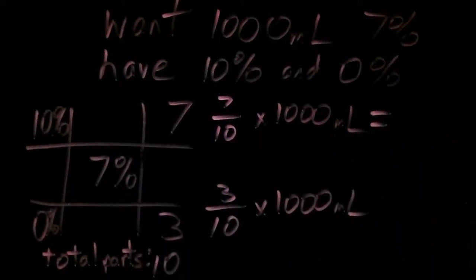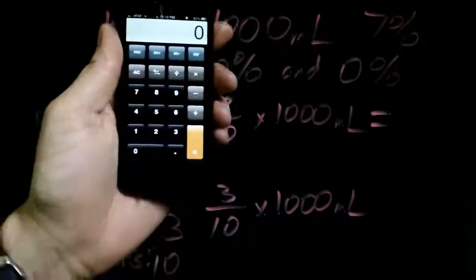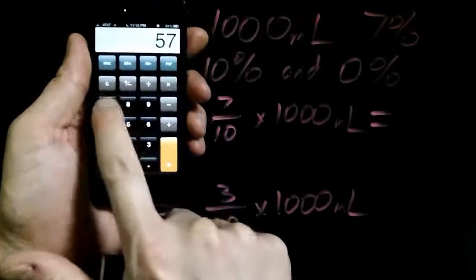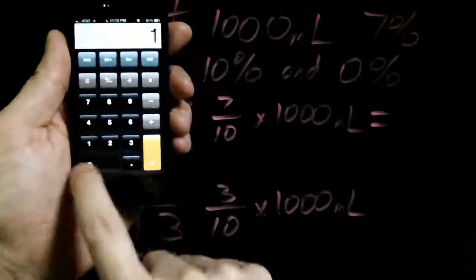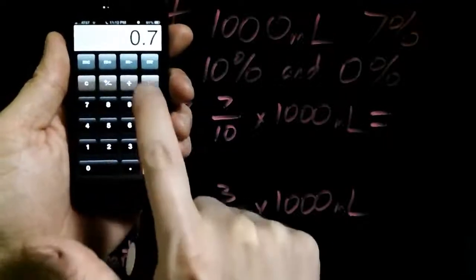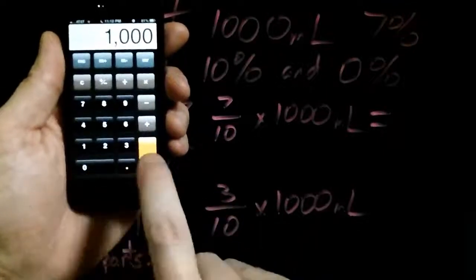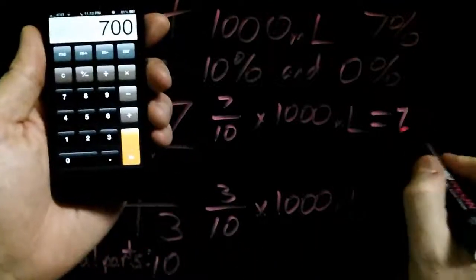And let's find out what we get here. For this top, I'll put 7 over 10, and I'll multiply times 1,000. And of course, I'll get 700.